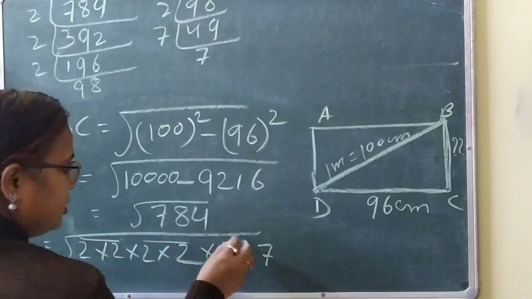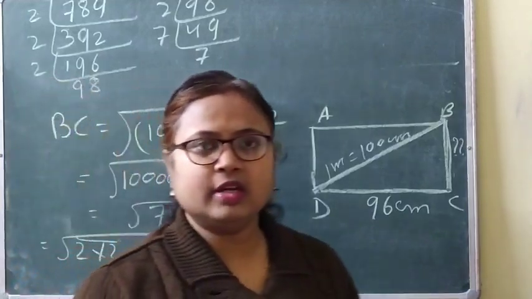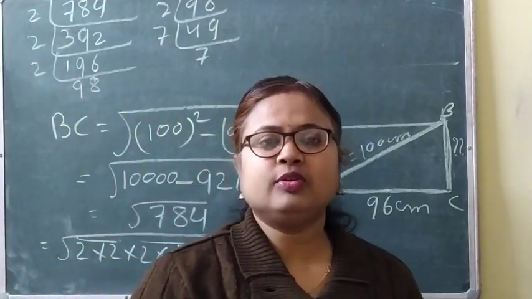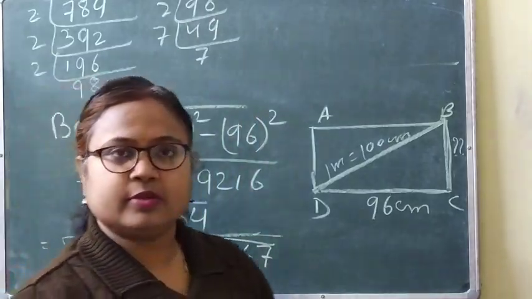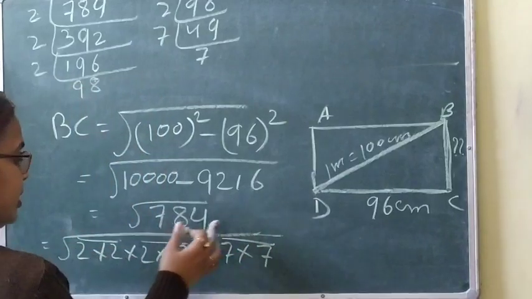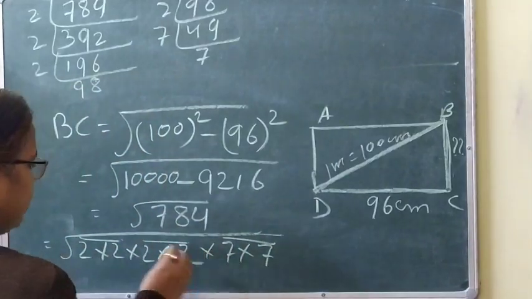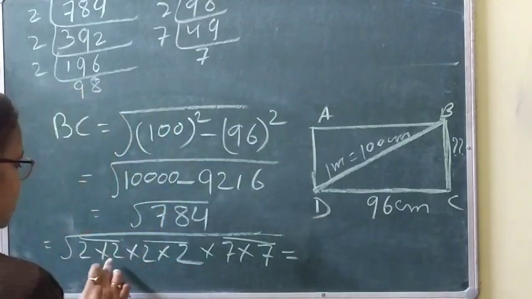This is the method by which we can find out the square root of any bigger number. Clear? Because I told you to learn till 25. But if you get number like this, it is not possible to learn. So you will find out the square root of this type of bigger number like this. Then you will make a pair. And from each pair, you will take out one number.